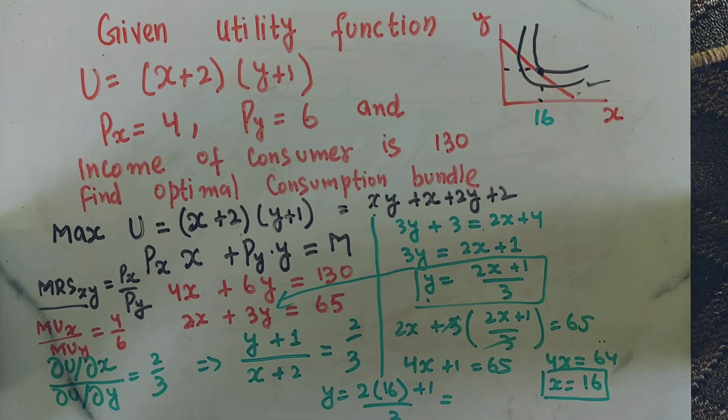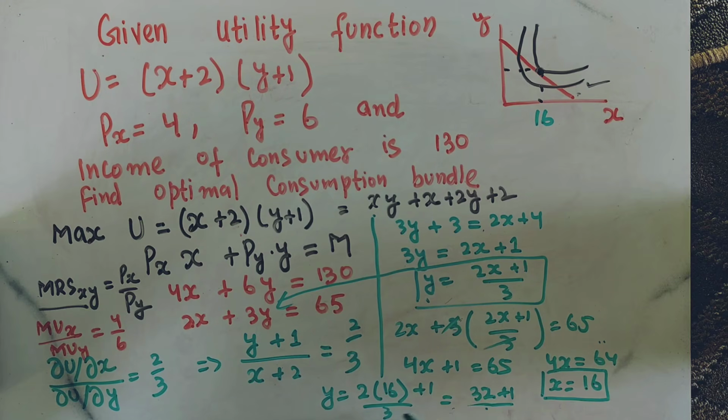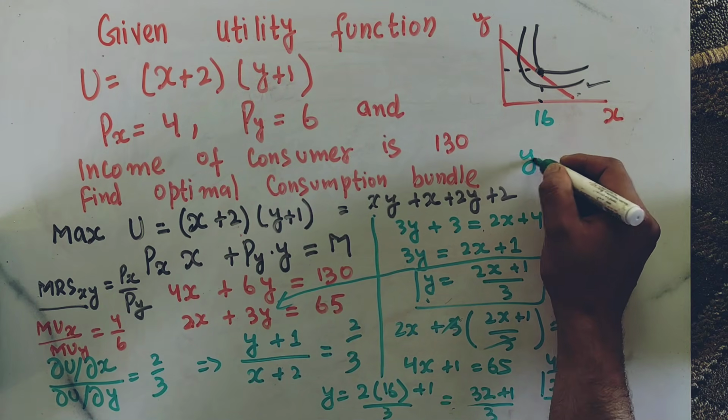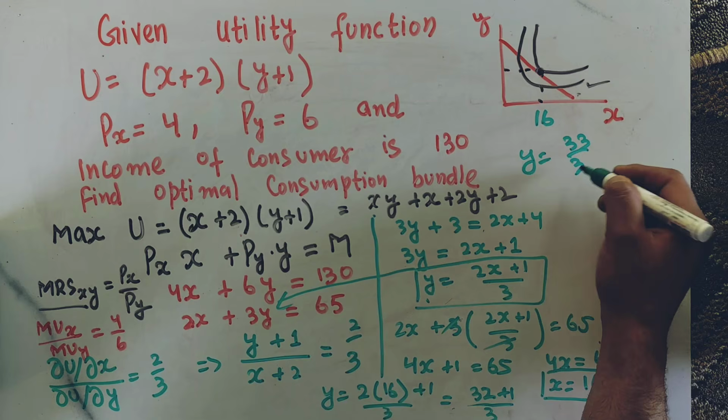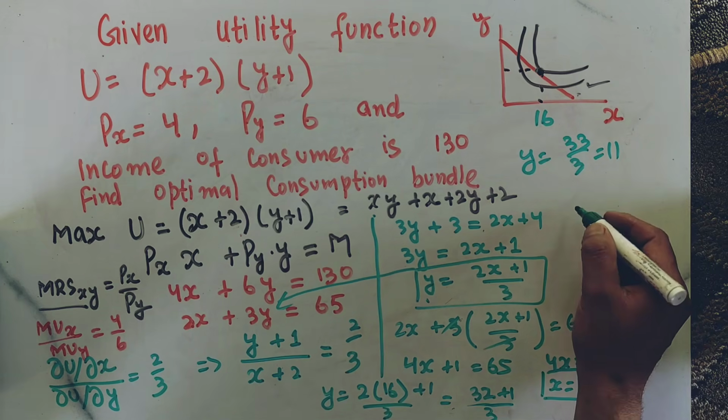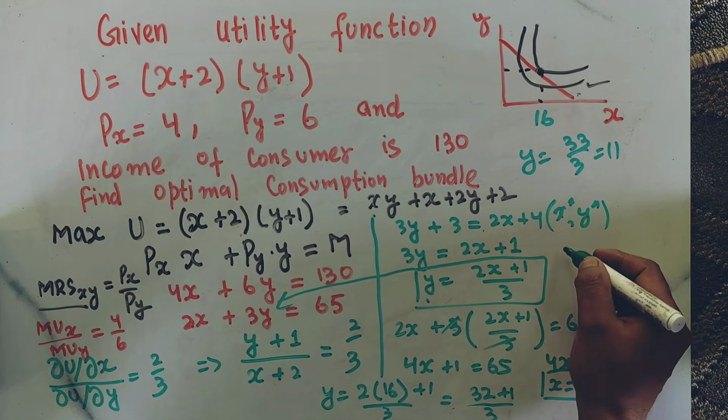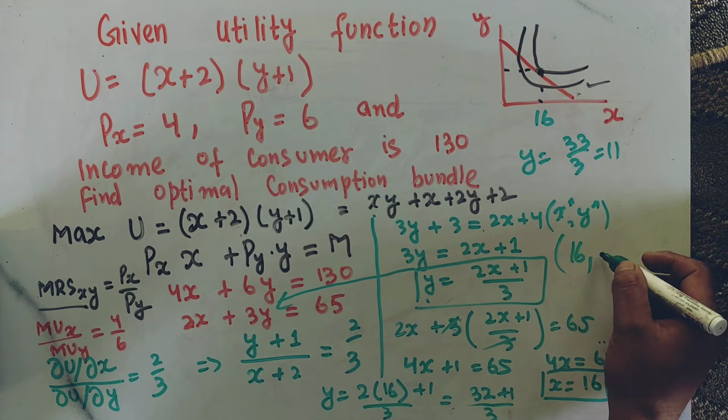So we get 32 plus 1 upon 3, that gives us y will be equal to 33 upon 3, which is equal to 11. That means the optimal consumption bundle, that is x star, y star, will be equal to 16 and 11.